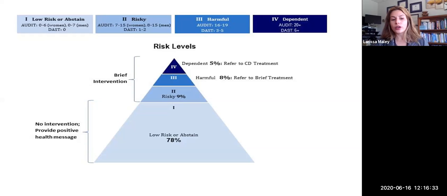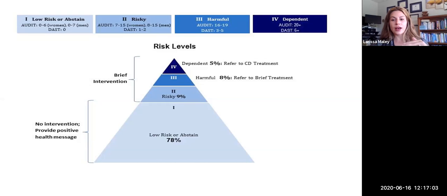That's where we're going to provide positive reinforcement for what they're doing, a health message of some kind, or a brief screener to monitor for change continually at those regular interventions. It's really not until we move into the mid-level risky, the 9%, up into the harmful, and then the ones that actually meet criteria for use disorder, that we need to start to increase our level of intensity of treatment for the substance use disorder.